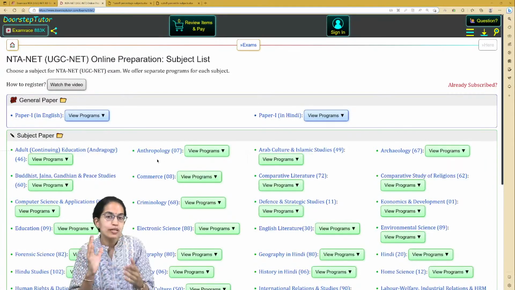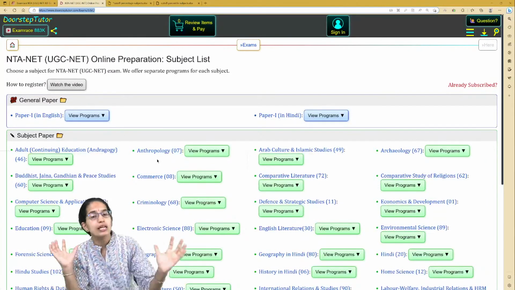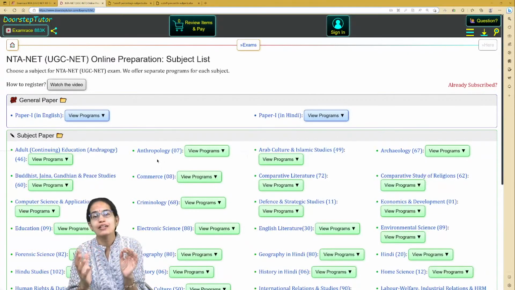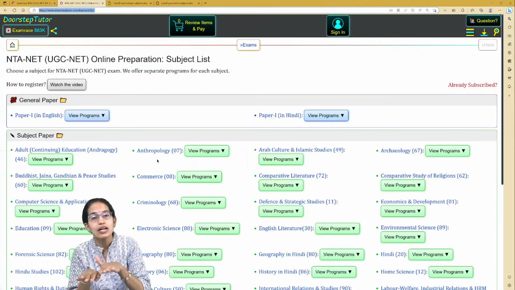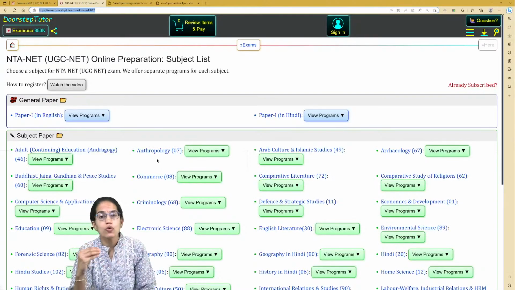If you are able to do around 100 questions encompassing both those and you belong to the unreserved category, probably you have an edge. But if you are a good student, you should target nearly 120.